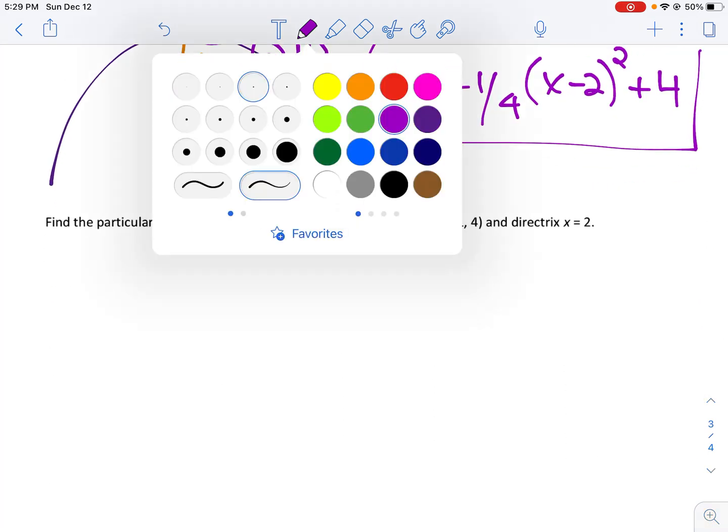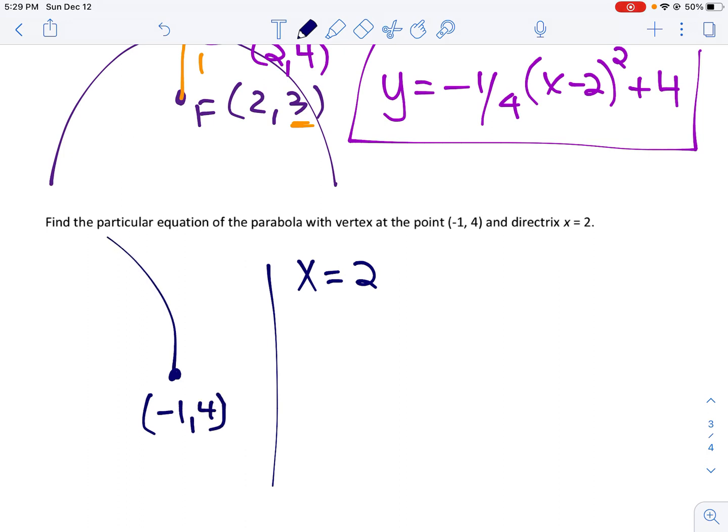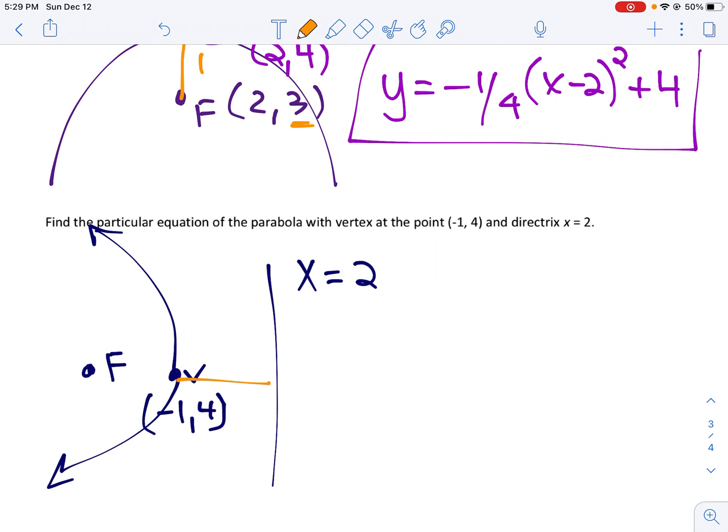All right, I'm going to create a sketch for the second one. I've got a directrix at x equals 2 and a vertex at -1, 4. It's my vertex. So my focus would be somewhere here. So my distance from my vertex to my directrix, I'm looking at the x coordinates here, that's 3.